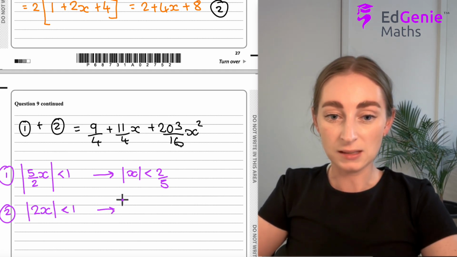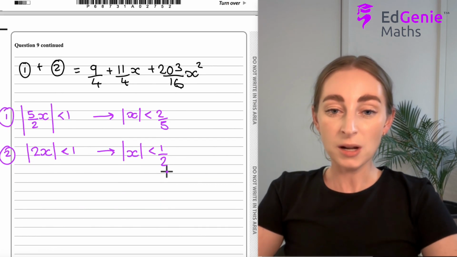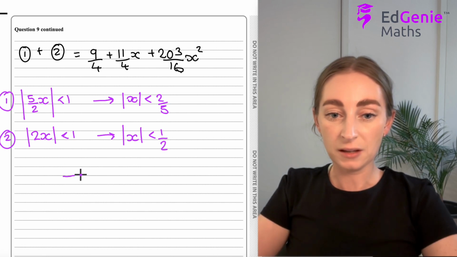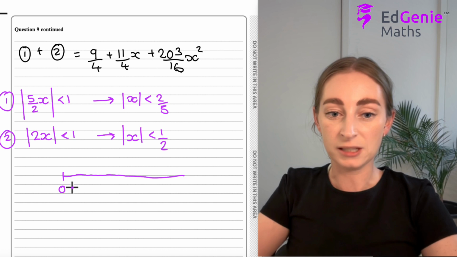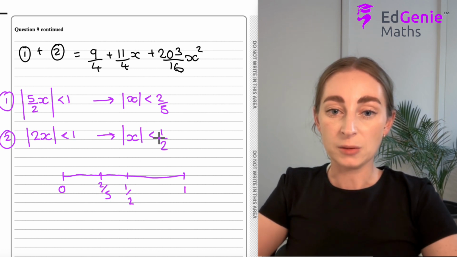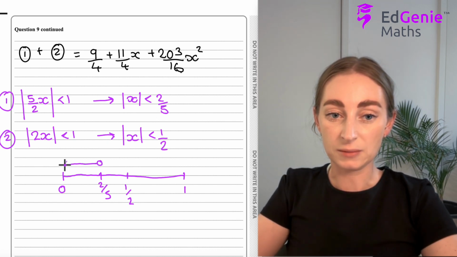So that means the modulus of x is less than a half. So you might be able to see the answer straight away, but don't worry if you can't. Have a think about a number line. So if we have 0 here and we have 1 here, this would be a half. 2 over 5 would be about here. So x is less than 2 over 5, so that's these values. And x is less than a half.